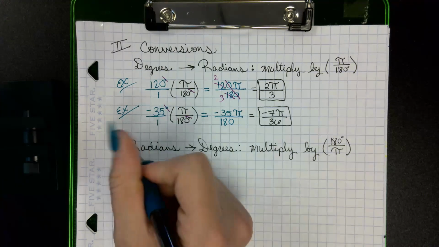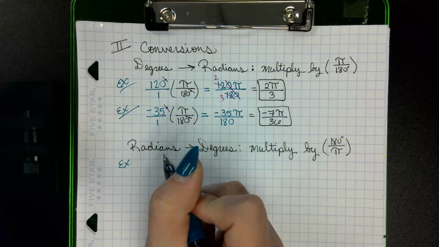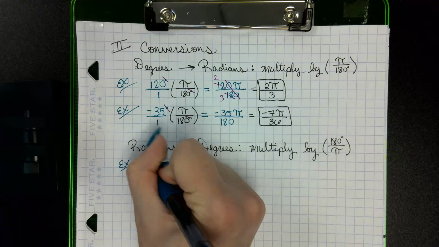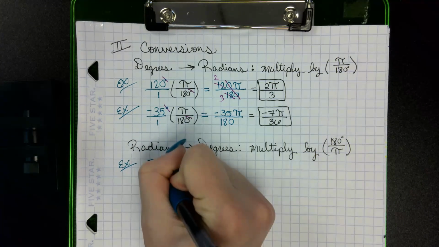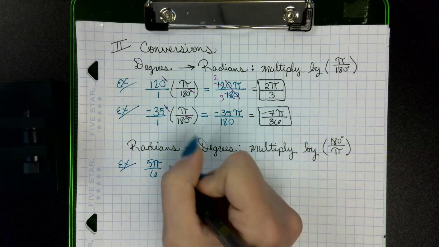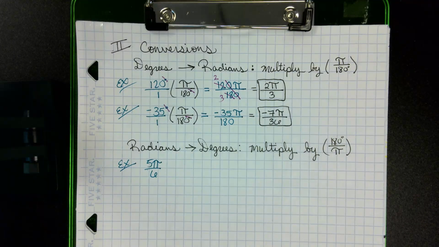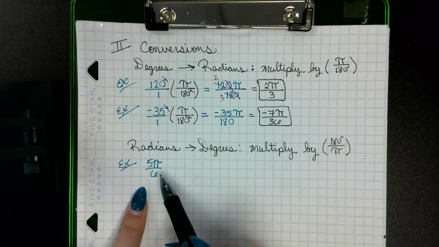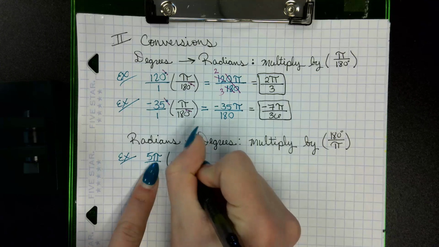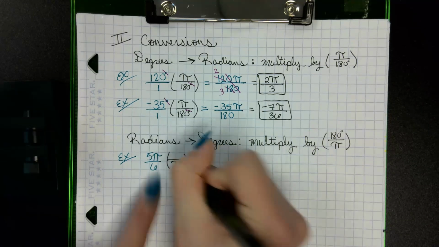So for an example here, we have 5 pi over 6. And I want you to convert it into degrees. As long as you can remember pi and 180 degrees are the two big numbers, because that's halfway around the circle and they're equivalent to each other. If I have 5 pi over 6, I know that I need a pi in the denominator to make that pi cancel.